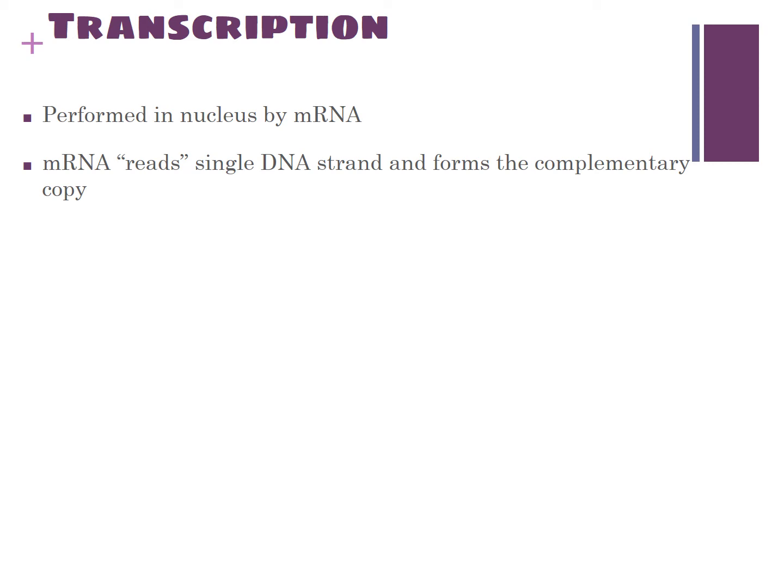So when we read that DNA strand, every time we see an A, instead of pairing with a T on the RNA, that A will pair with a U. And we're going to do some practice with that again in class.